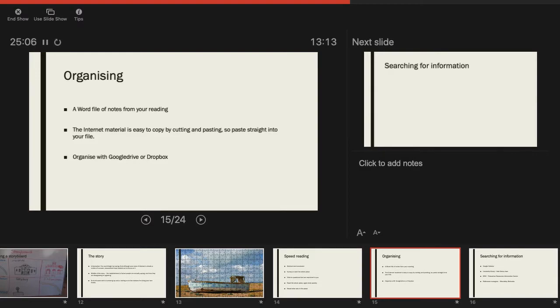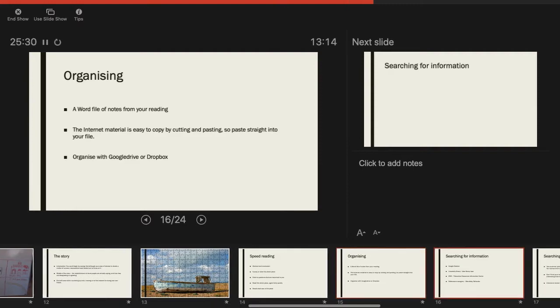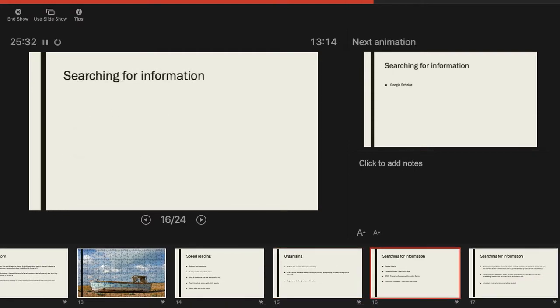Just be cognizant of the fact that you need to include a list of references, because it can be quite challenging to include this text and then need to find out where that source is, where's that article that you read before. So always reference and include your references in the Word document. That is one approach that you can look at. We'll be looking at another approach as well.